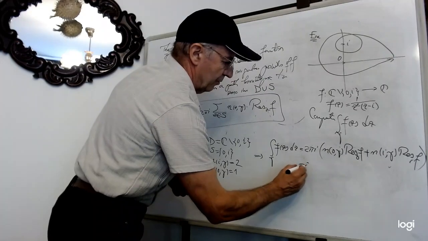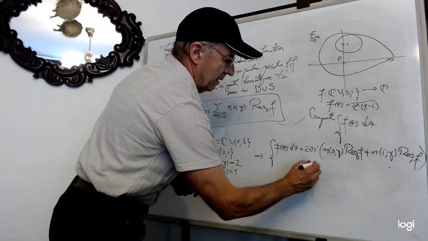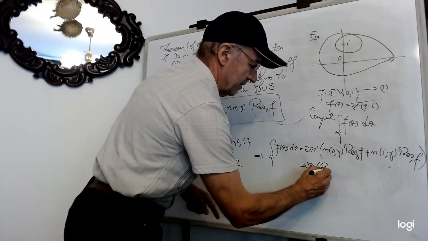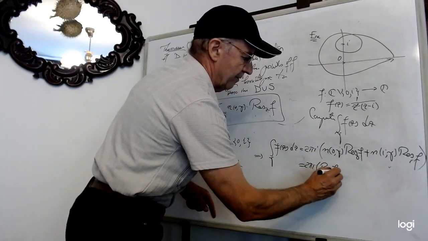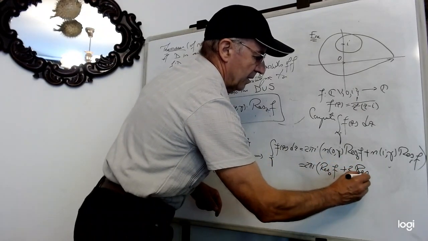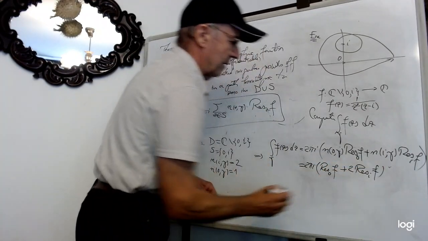So 2 pi I times, this winding number is 1, so it's the residue at 0 of f plus 2 times the residue at point I of f.